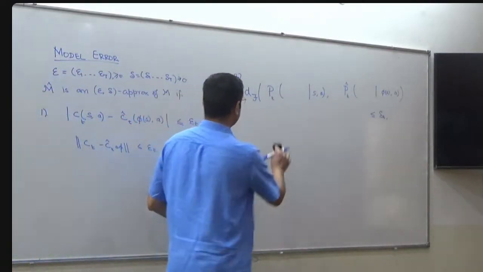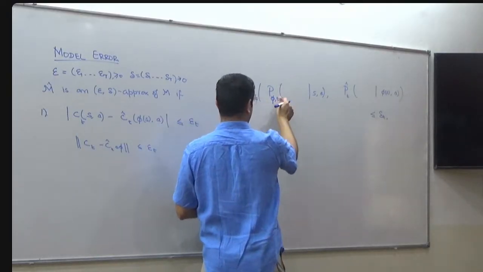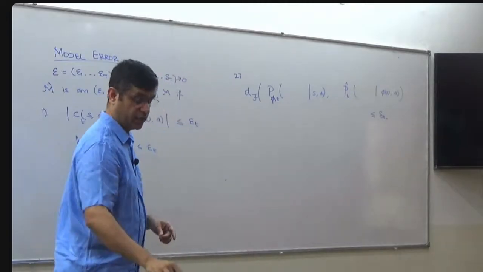So I need something here which will be on the hat space. Just for ease of notation, I'll call this phi t, and I'll define what I mean by this here.